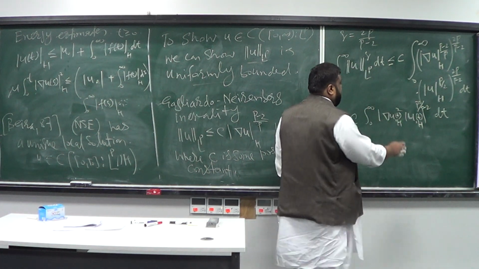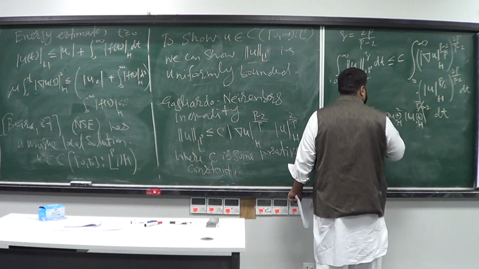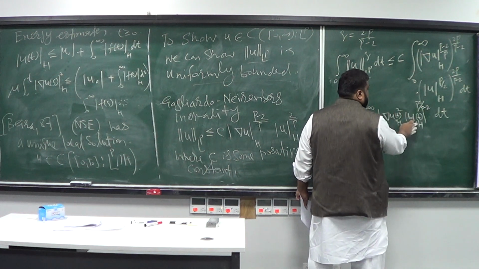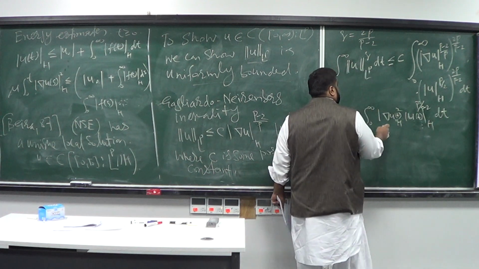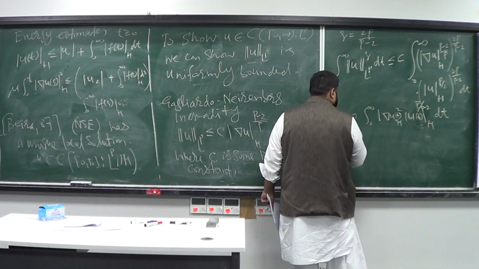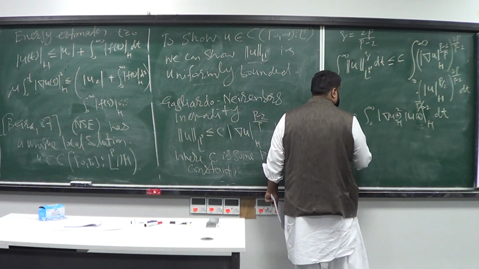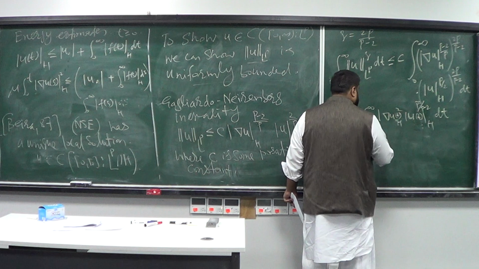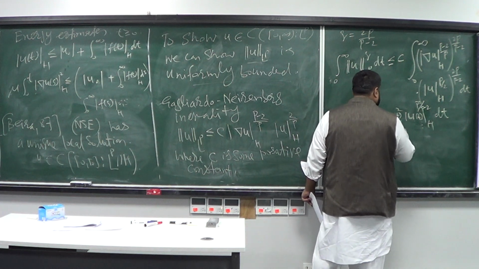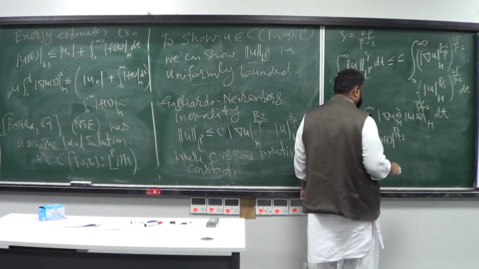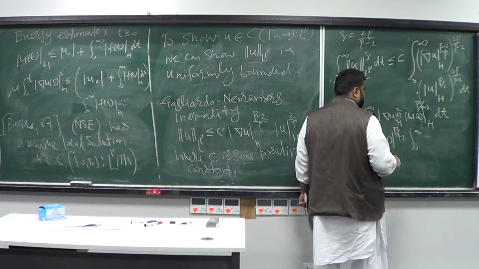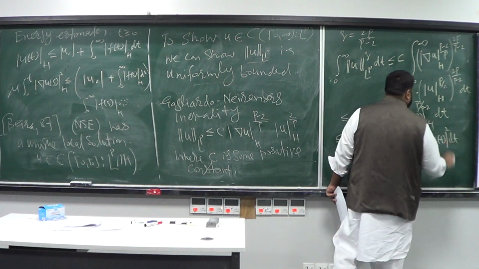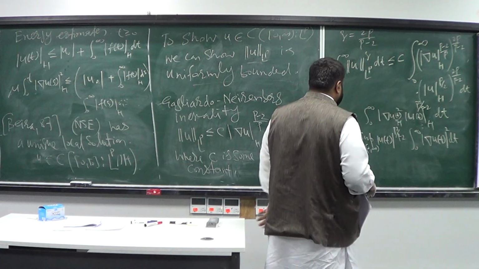So for example, if I take the supremum of the u of t h norm and pull this out of the integral, you're going to get that this is less than or equal to c times the supremum over t from 0 to infinity of u of t to the power p square by p minus 2, and the integral from 0 to infinity of the gradient of u of t squared dt. Okay, this is what you're going to get.